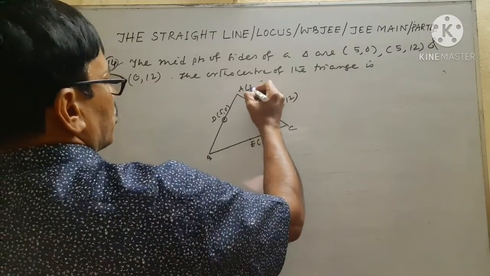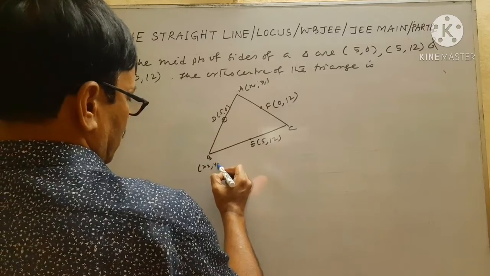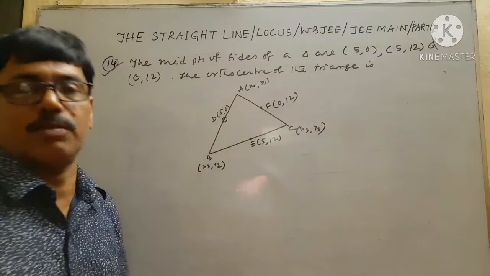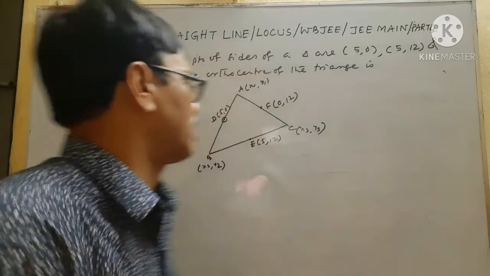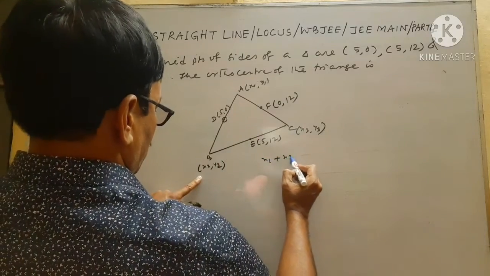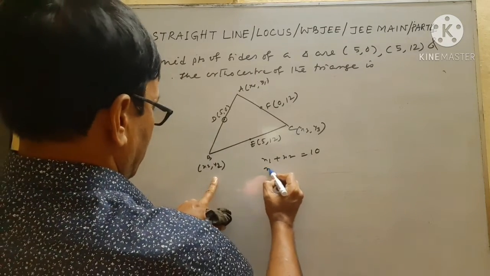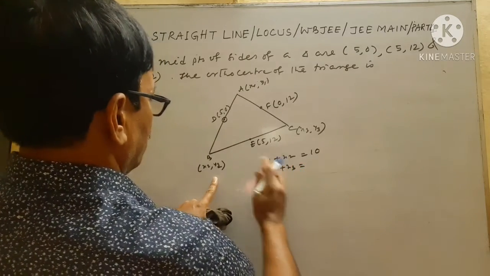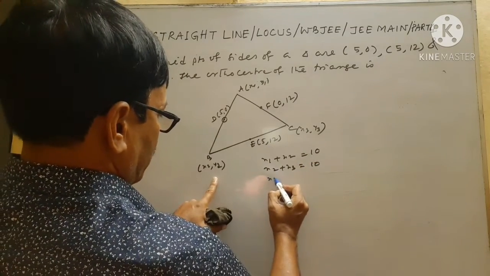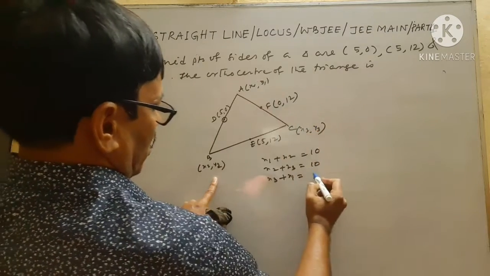So the vertices are (x1, y1), (x2, y2), (x3, y3). This is a well-known problem of class 10: midpoints are given, you have to find the vertices. So we are getting (x1 plus x2) by 2 equals 5, so this is 10. x2 plus x3 equals, again, 10. x3 plus x1 equals 0.